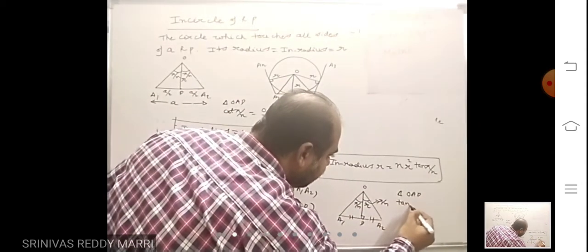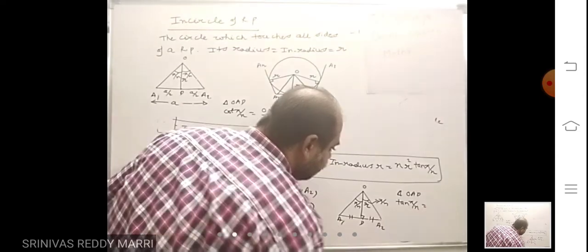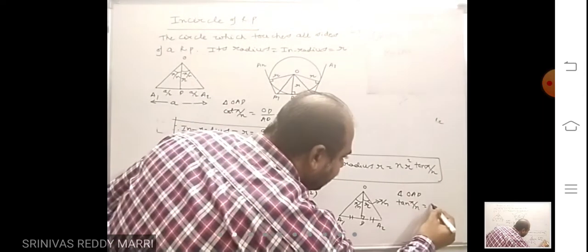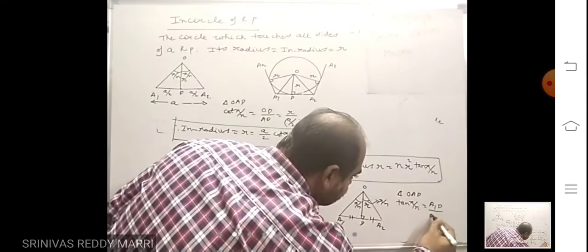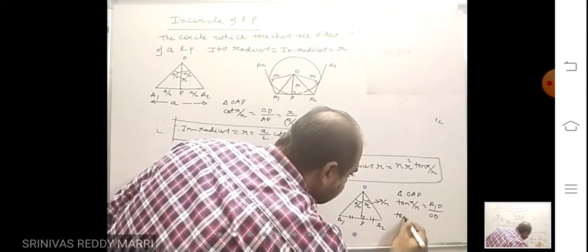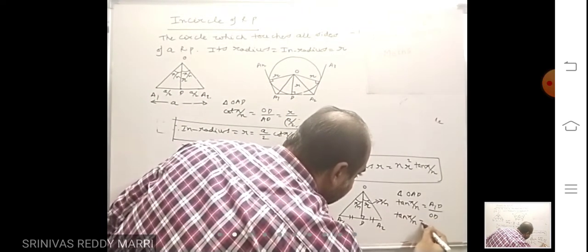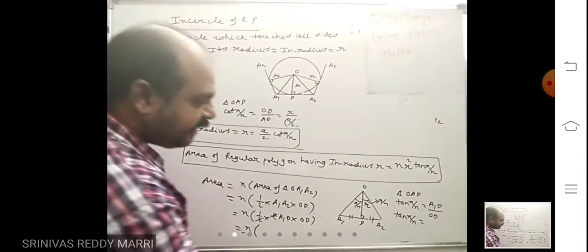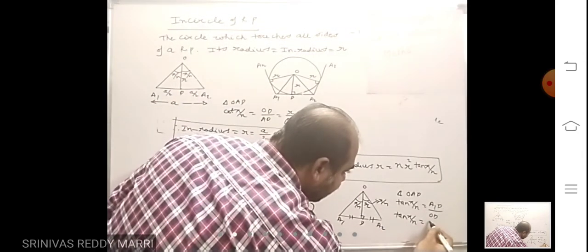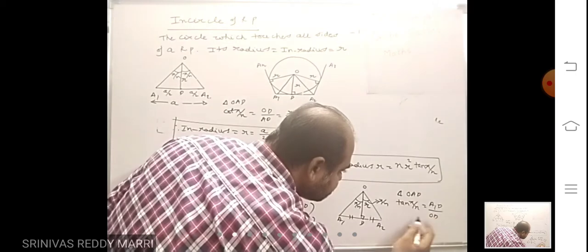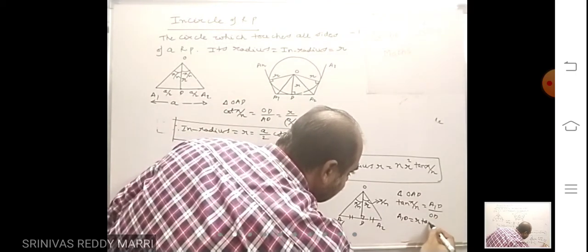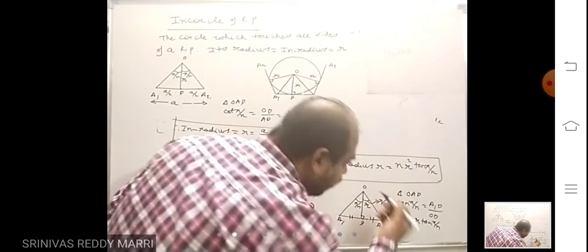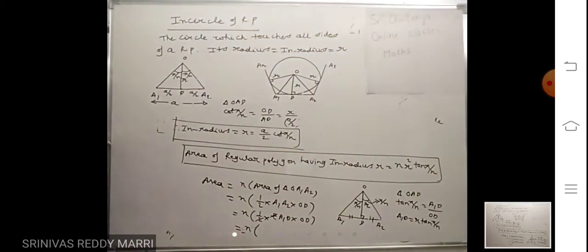So tan pi by n is A1D divided by OD. OD is r, so A1D equals r tan pi by n.